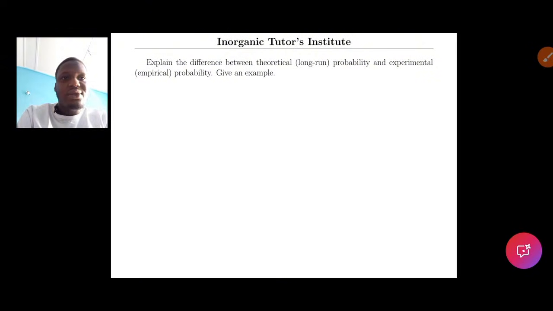So we move on to the next question. We have also a theory question. Explain the difference between theoretical probability and experimental probability. Give an example.